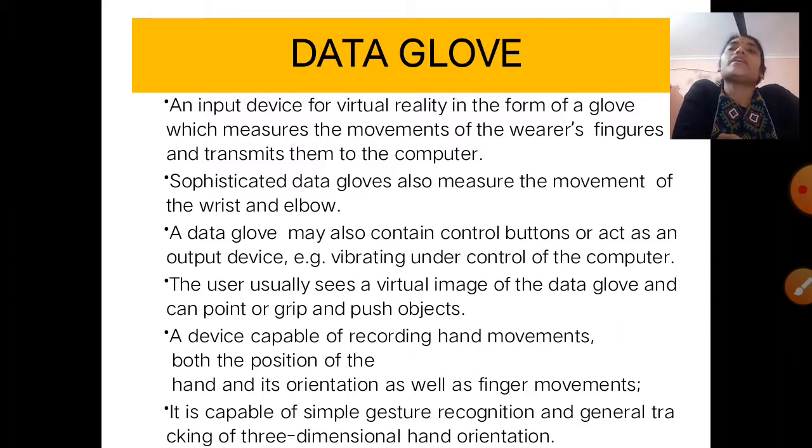A device capable of recording hand movement, both the position of the hand and its orientation, as well as finger movements. It is capable of simple gesture recognition and general tracking of three-dimensional hand orientation. That means 3D objects.